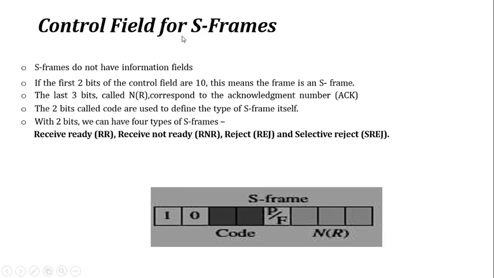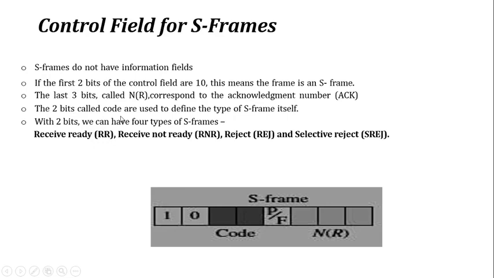Then the control field for the S frame. The S frame does not have an information field. If the first 2 bits of the control field are 1, 0, this means the frame is an S frame. The last 3 bits, called N(R), correspond to the acknowledgement number ACK.